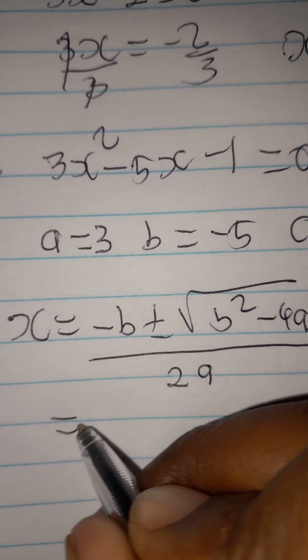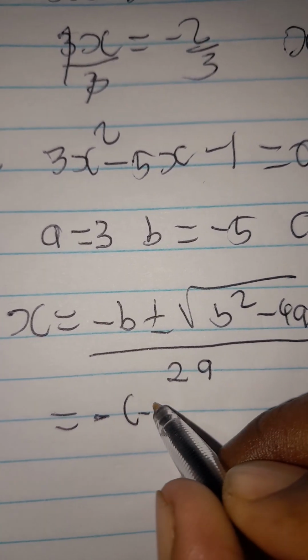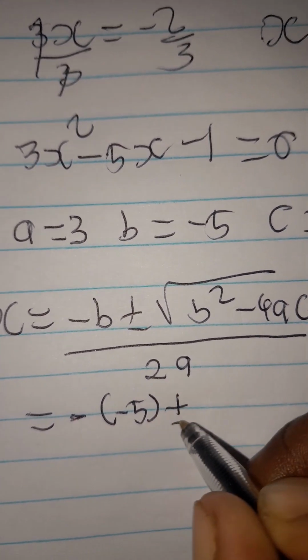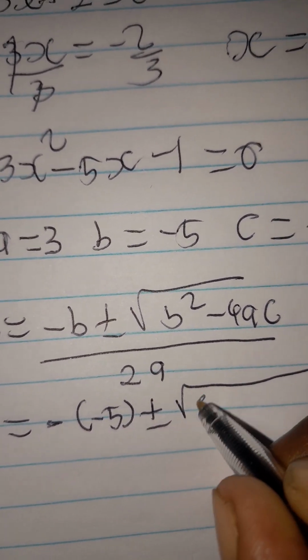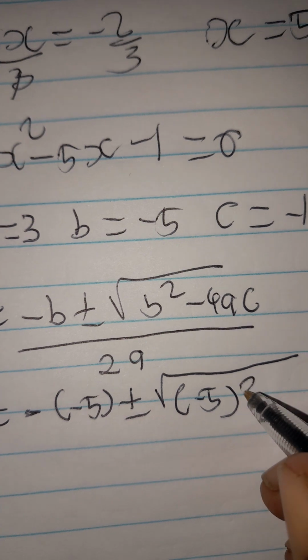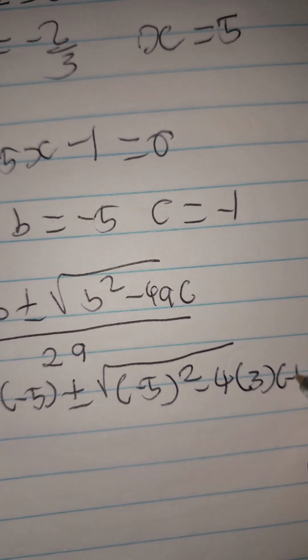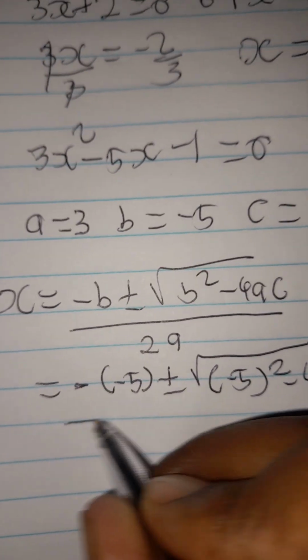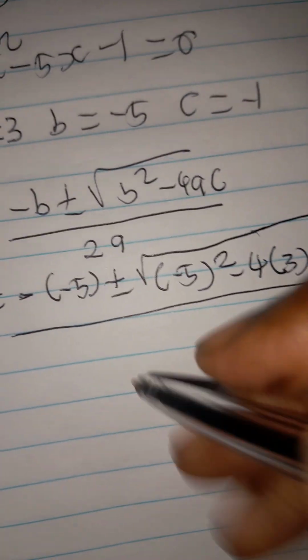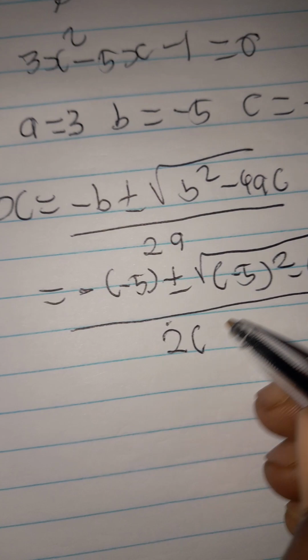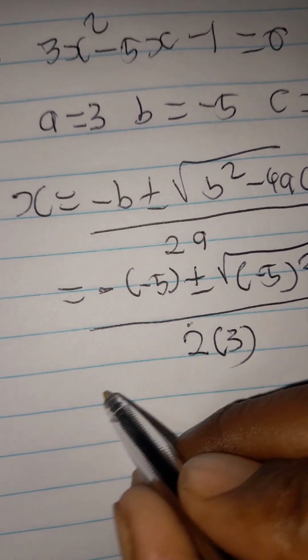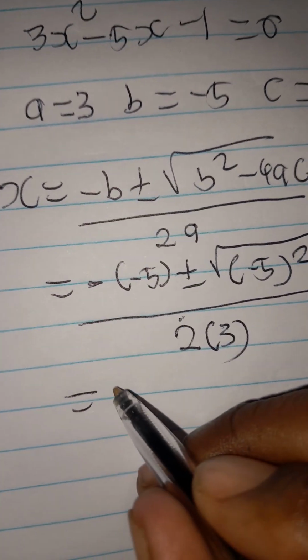Right, okay. So what is your b there? It's -5. You place -5 there, plus or minus the root of b, which is (-5) squared. We substitute a as 3, c as -1. It's very important to mind your signs so that you get total at question 1. Negative and negative is positive.